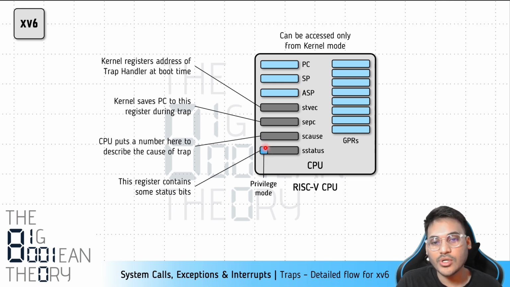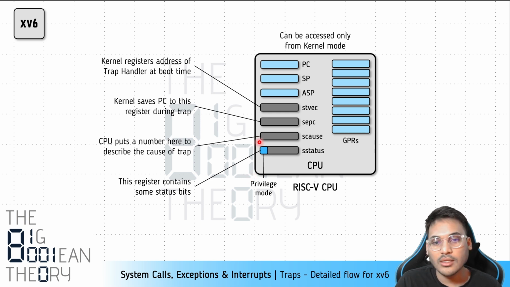This is one bit in this whole register, and it says in which privilege mode we are currently in. As we know, there can be two privilege modes, the user mode and the kernel mode, and this bit describes which state we are currently in. It can either be one for the kernel mode, or zero for the user mode, or vice versa. The value does not matter, but what matters is that this bit represents the current privilege mode that we are in.